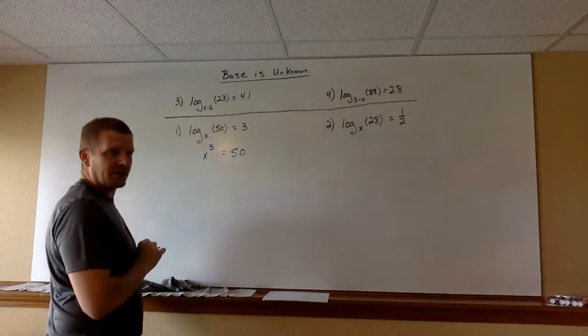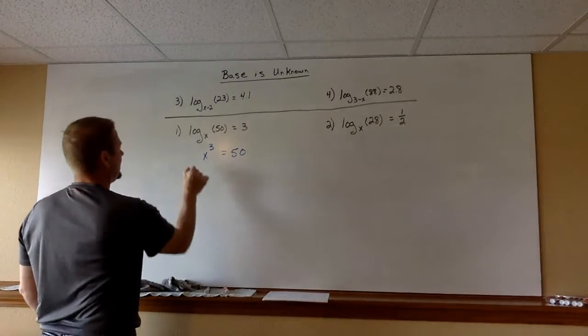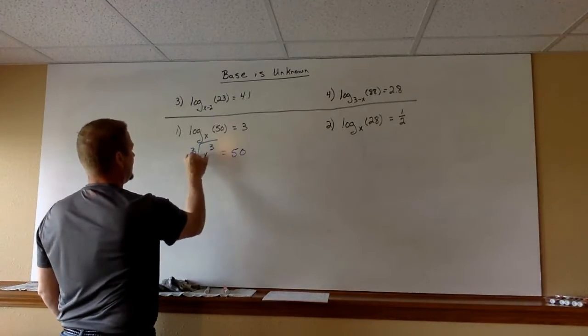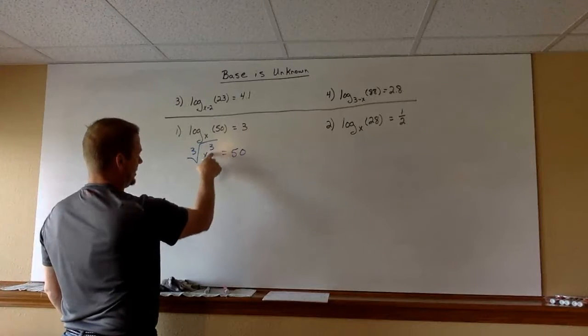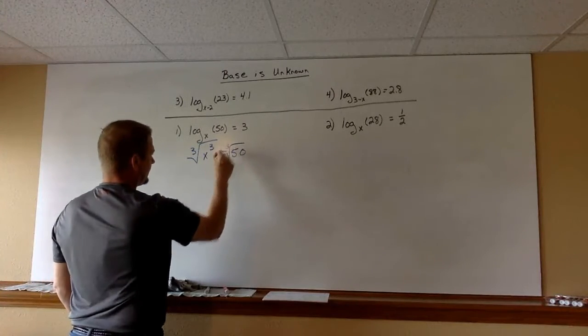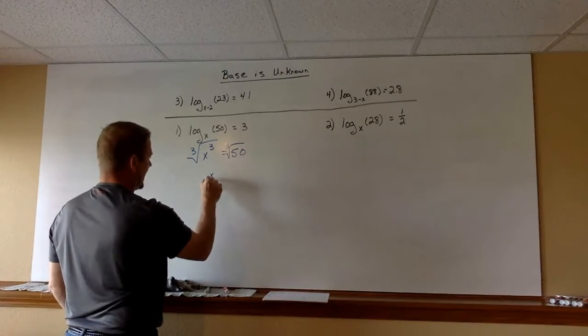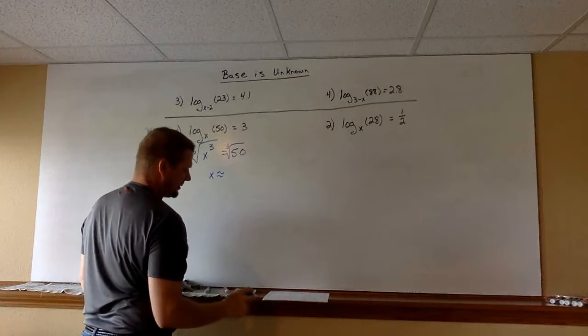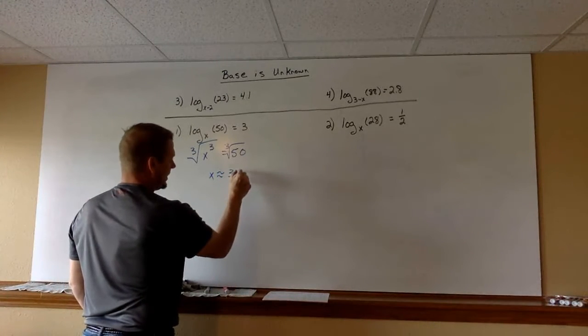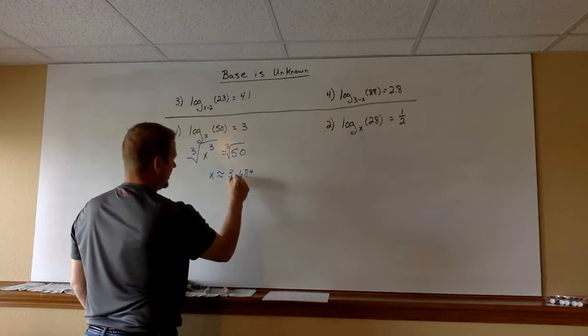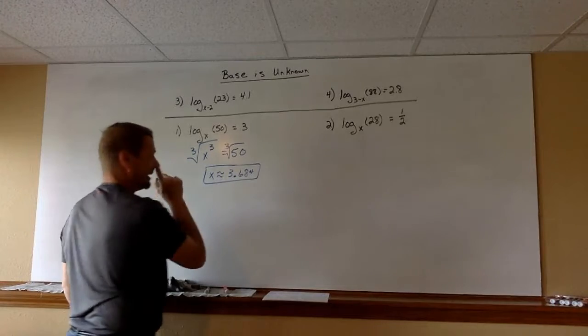You've solved these many, many times. We need to take the cube root, because to get rid of an x cubed, we take the cube root. The cube root of 50 gives x approximately equal to 3.684.